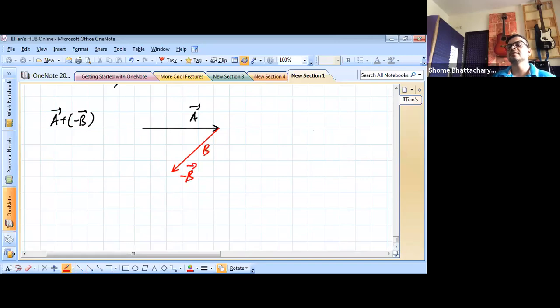So this is the vector of magnitude B, but its direction is opposite to B. So B's direction, remember, was like this. So what has minus B's direction become? It has become the opposite. Exactly the opposite.